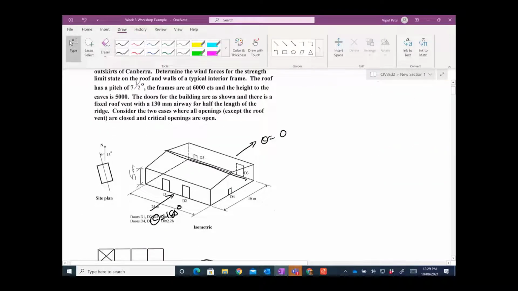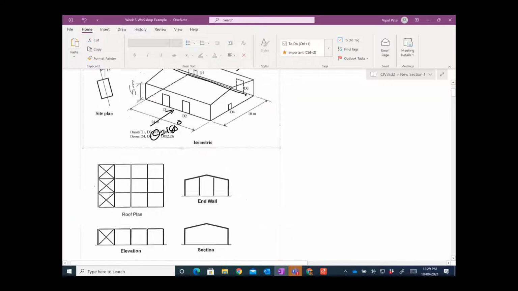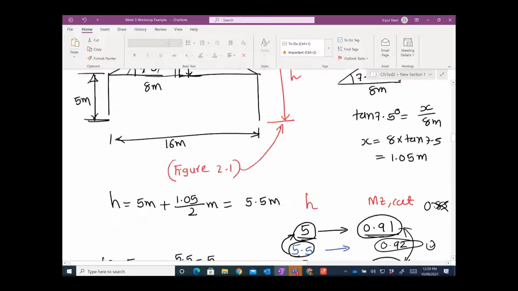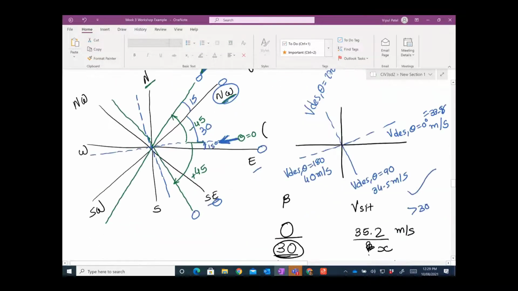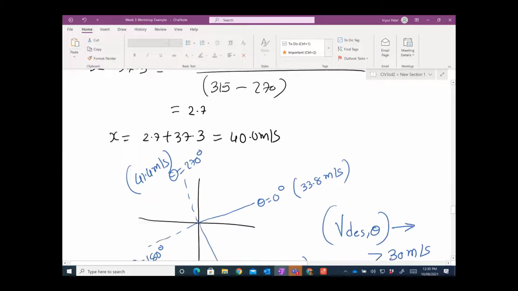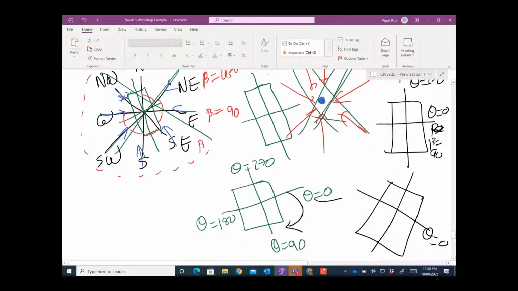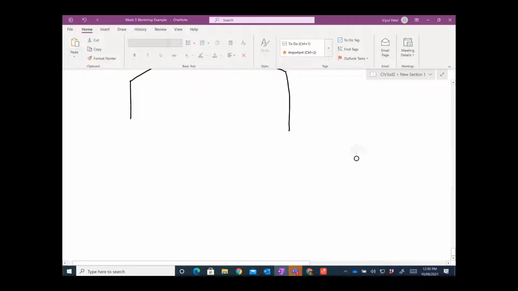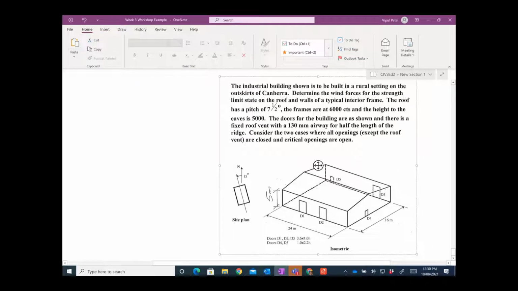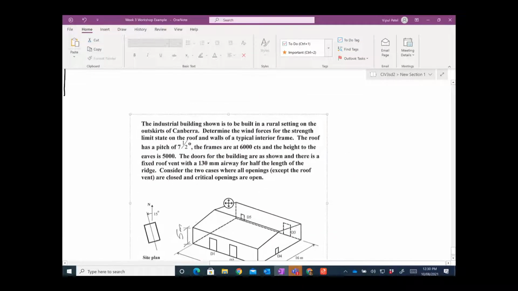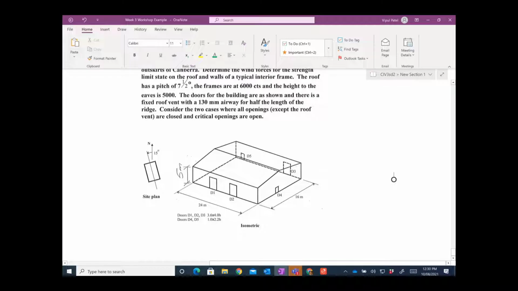I think I should get these figures down there because we're going to use them. Copy, close to our calculation, so let's paste it. Okay, so here we have this building. Now the wind is coming from here.